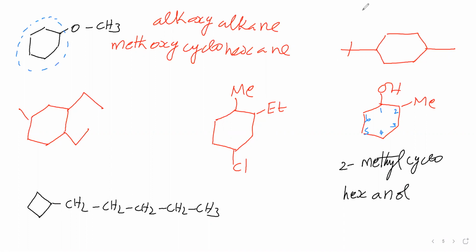We have to follow the sum of locants. Therefore we can say 2-ethyl, 1-methyl, 4-chloro cyclohexane. Cyclohexane we said.